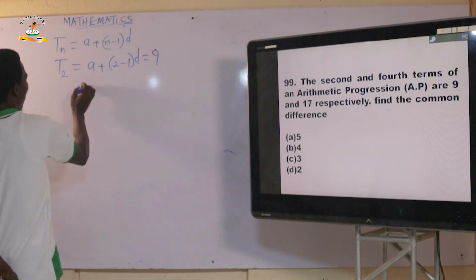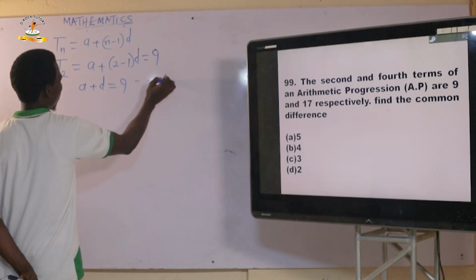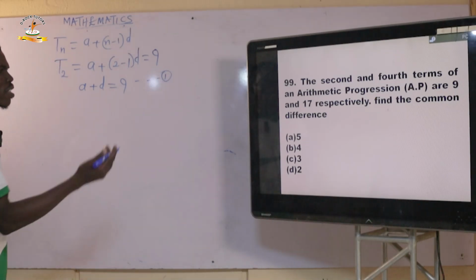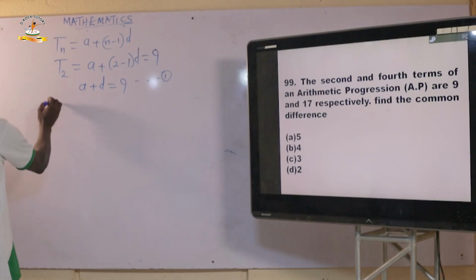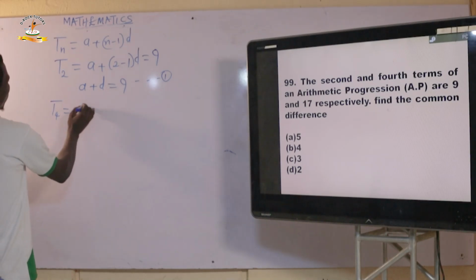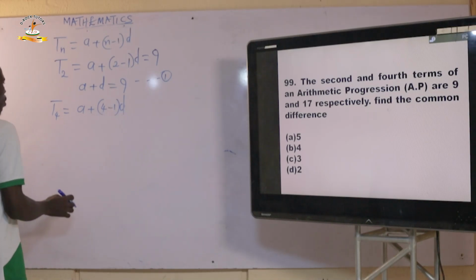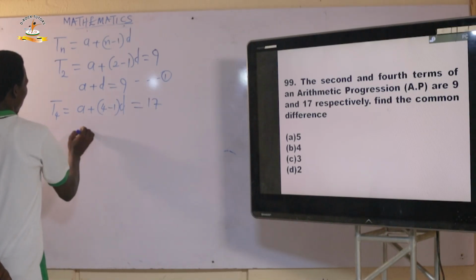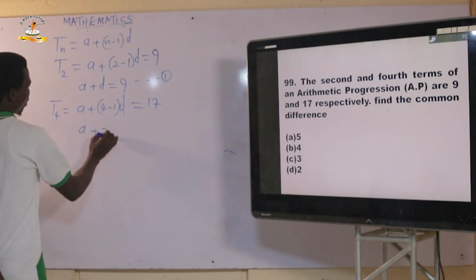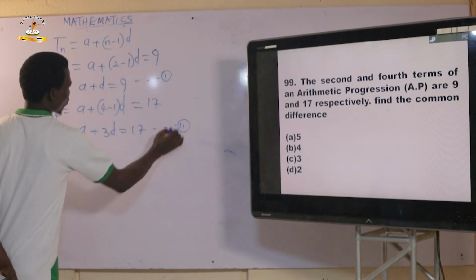So we write again a plus d equals 9. This is simply equation 1, and we go for the second one. Since the fourth term, T4 equals a plus 4 minus 1 times d, which is 17, and a plus 4 minus 1 is 3, so a plus 3d equals 17, equation 2.